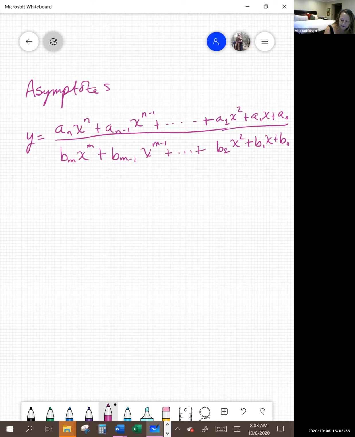And so vertical asymptotes occur at values that set the denominator equal to 0, but not also the numerator.